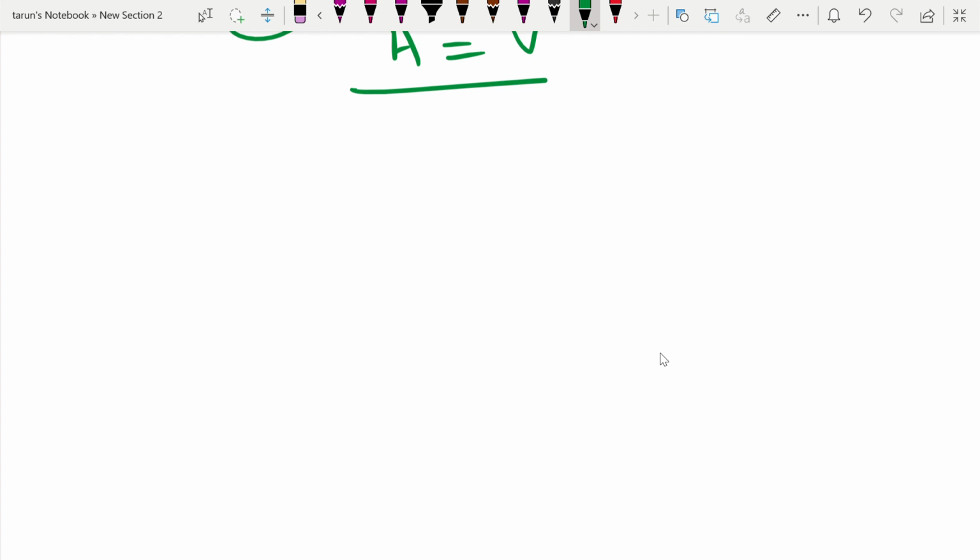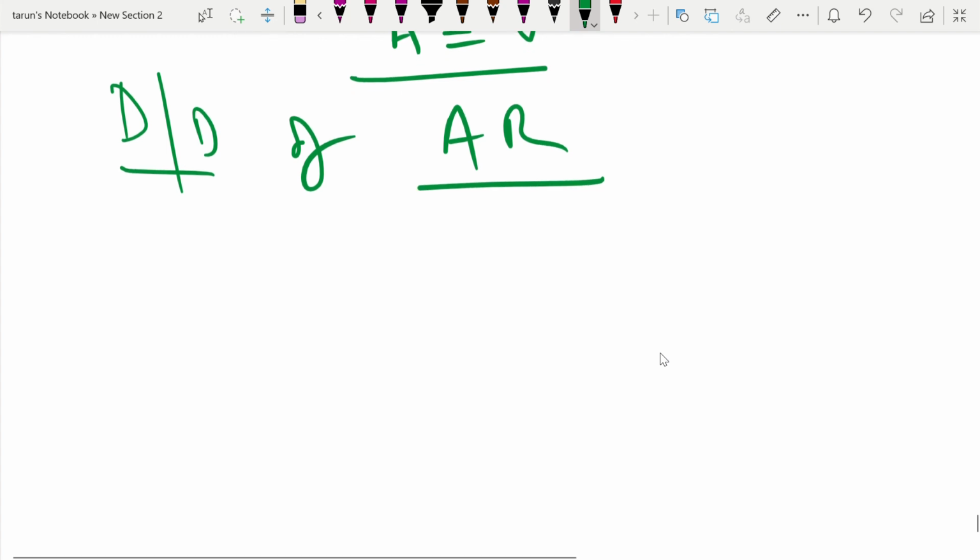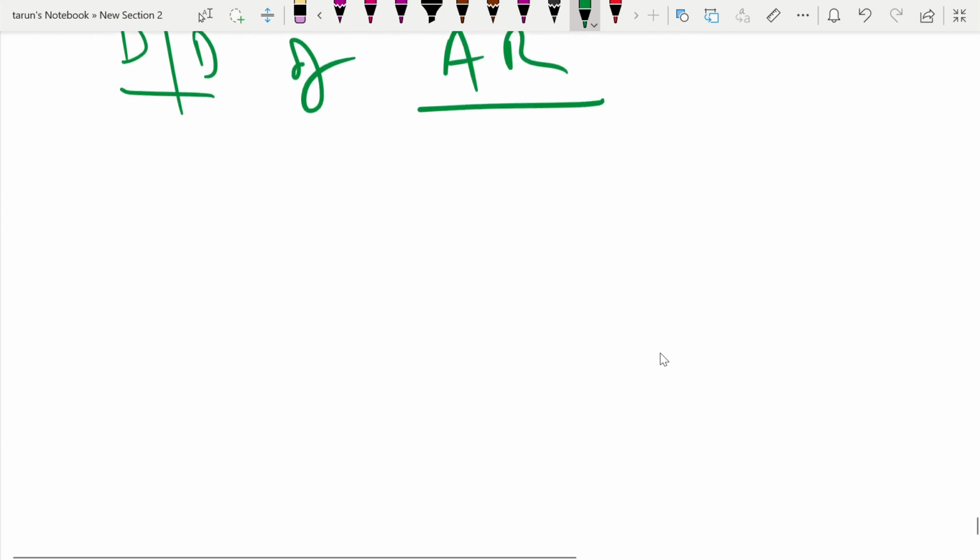Then what are the differential diagnoses of aortic regurgitation? Very important. The question can come in this way: what are the differential diagnoses of your case? You will say patent ductus arteriosus, coronary arteriovenous fistulas, rupture of the sinus of Valsalva, considered for wide pulse pressure. They produce continuous murmur.